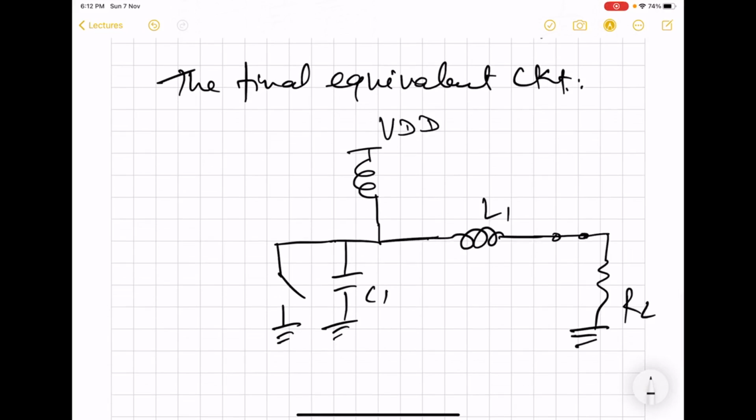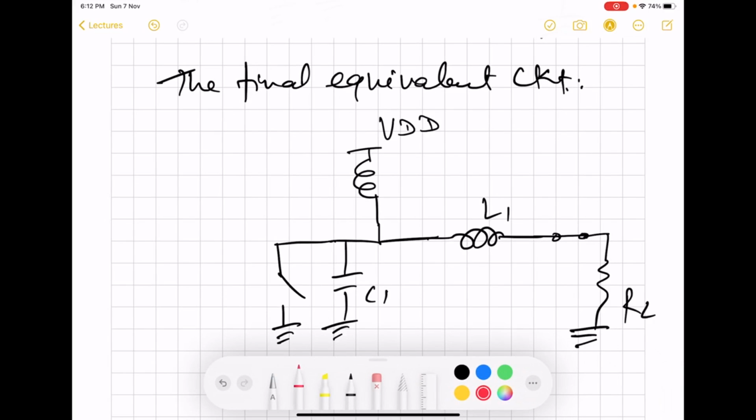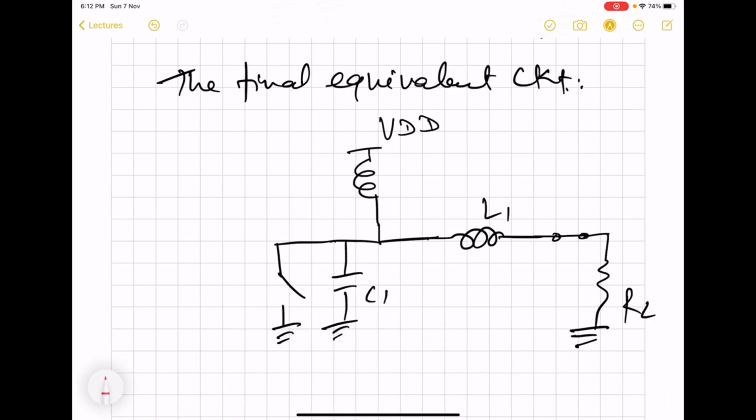Now here we can see that there are going to be various waveforms for the current and voltages.